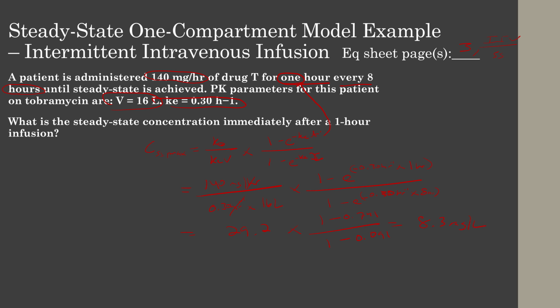You get 8.3 milligrams per liter. So that is what this concentration is for this intermittent infusion immediately when you turn off the infusion. Okay, and that's how we figure that out. Css max is also what it's generally called. You'll learn about this more in later lectures on aminoglycosides.